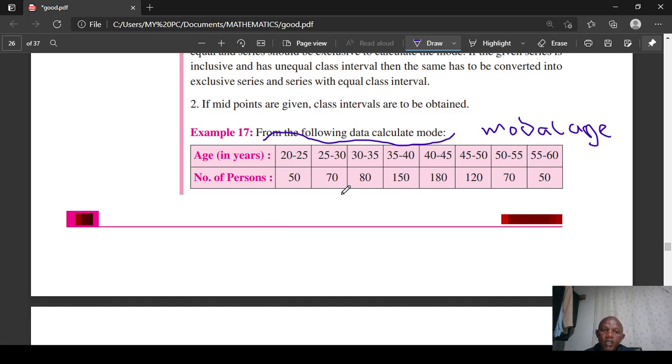Just by mere inspection of this data set, understand one, that the data has been arranged from lowest age to the highest age. Number two, that 180 is your highest frequency, and the class is 40 to 45 years.